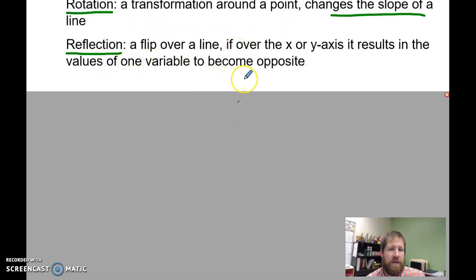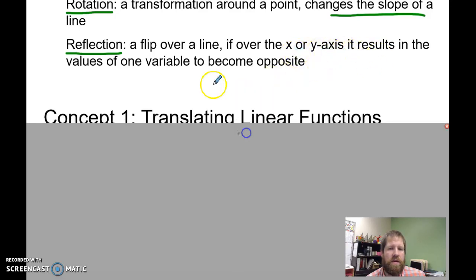Reflection is flipping something over a certain line. Again, generally we're going to use the x or y axis, and if we do, it results in one of the variables becoming opposite.